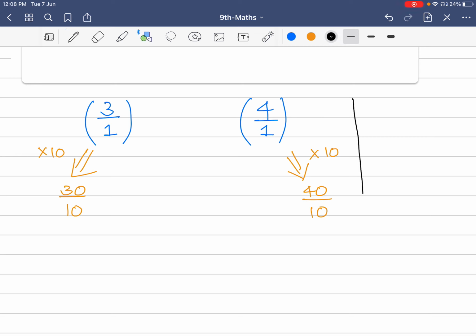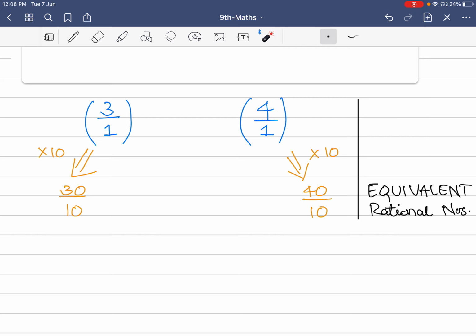This term is called equivalent. Equivalent rational numbers.